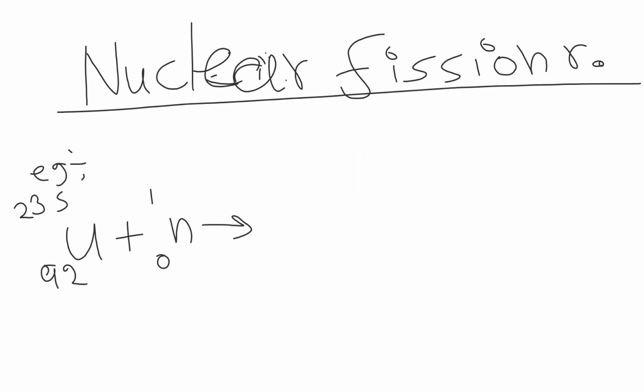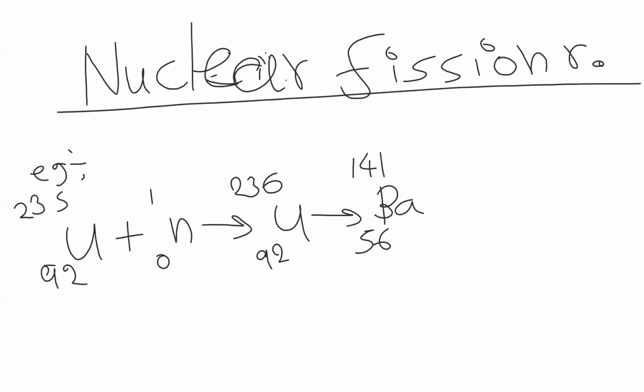First it will become uranium-236 (atomic number 92, mass 236) by absorbing the neutron. Then it is unstable and it breaks into barium 141 and krypton 92, plus it forms 3 more neutrons.